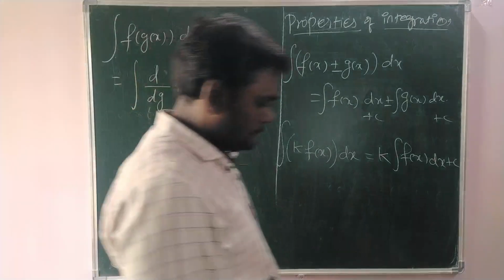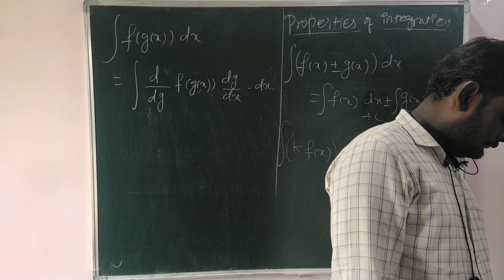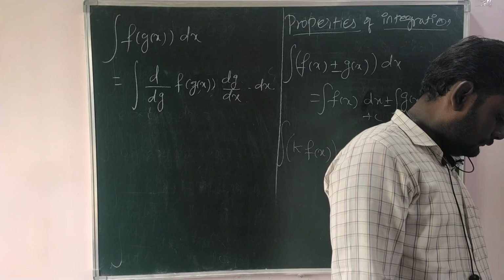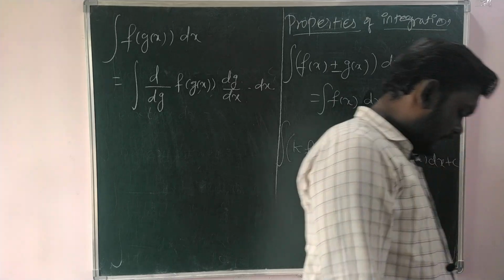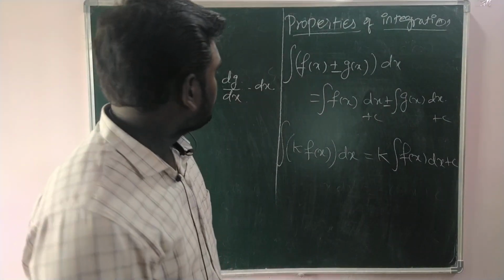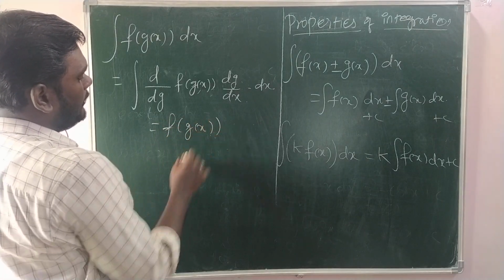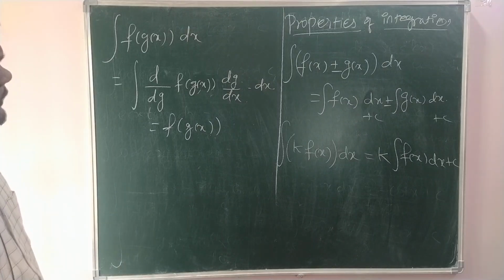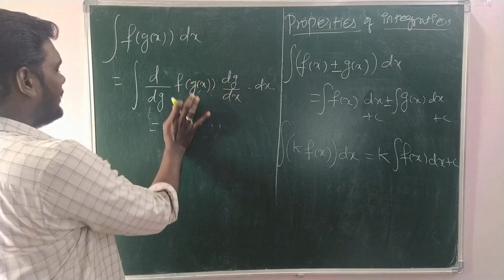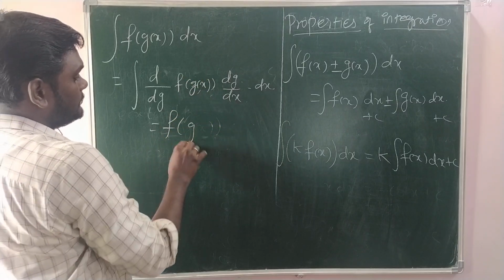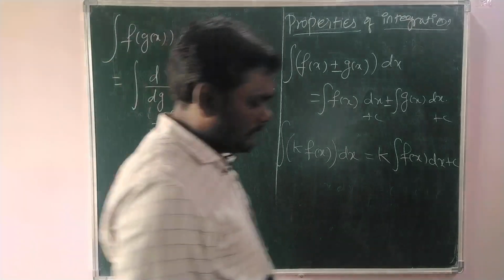Okay, seen this somewhere? Using the chain rule. Alright, so our final answer will be f of g of x. Sorry, f dash of g of x. Anyway, we'll see how this works while doing some examples.